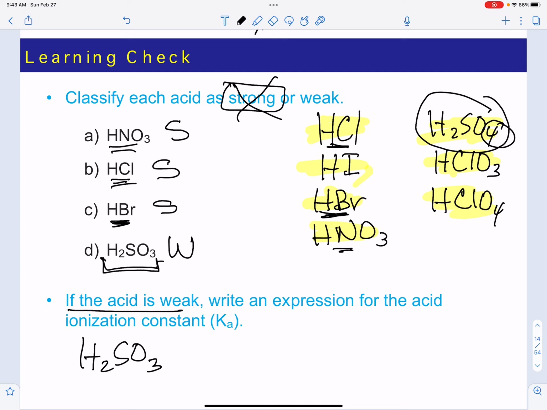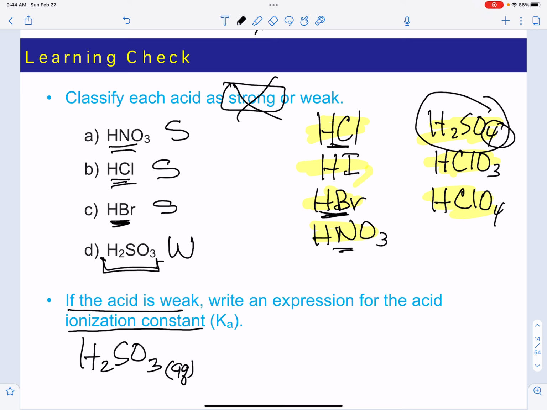And whenever we talk about acids, given that this planet and your body are almost 70% water, we're talking about aqueous solutions, acid dissolved in water, mostly water. So if the acid is weak, write an expression for the acid ionization constant.